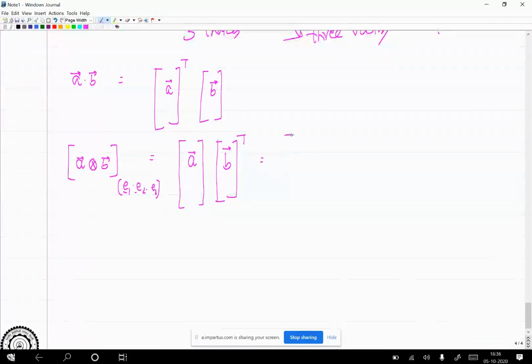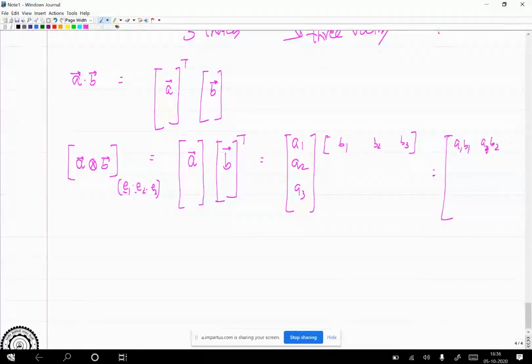And can you see what you are getting here? This is A1, A2, A3 into B1, B2, B3. And finally, what you get is a 3 by 3 matrix, A1B1, A1B2, A1B3, and likewise.